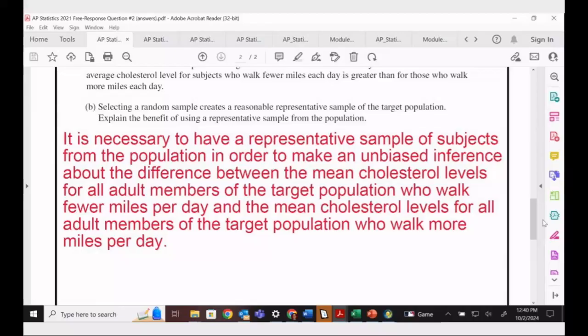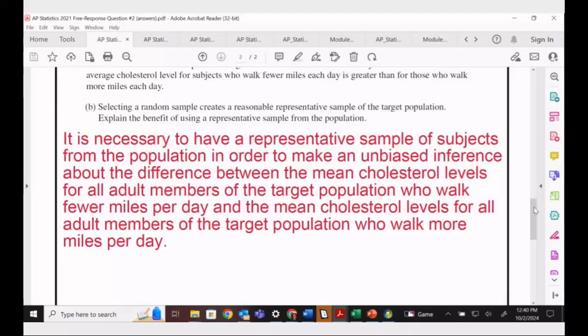So they needed to talk about generalizing to the larger population, and then they needed to talk about either an estimate or inference for the target population or looking for an association between cholesterol and amount of walking. If they hit both of those key pieces, they get an E. If they hit one of those two pieces, they get a P. Neither of them would be an I.